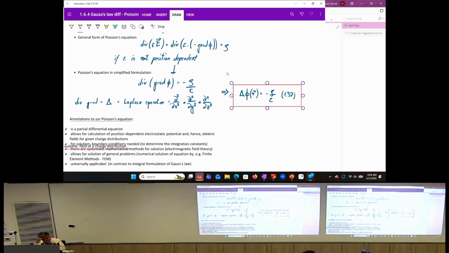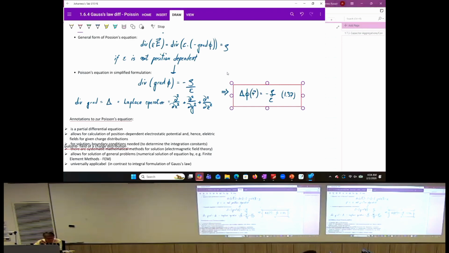The Poisson equation, by the way, is a partial differential equation, and it allows you to calculate a position-dependent electrostatic potential and from the potential also, of course, the electric fields for any given charge distribution.